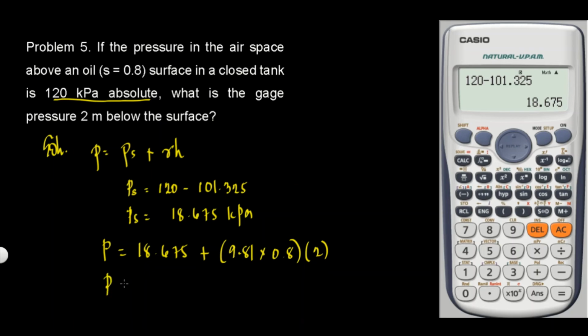So P equals, let's add 9.81 times 0.8 by 2, equals 34.37 kPa. So this is the gauge pressure 2 meter below the surface.